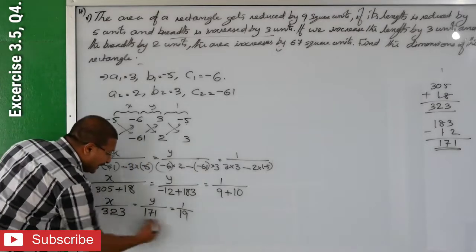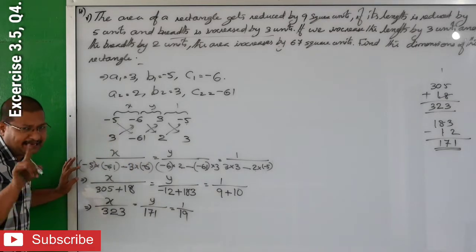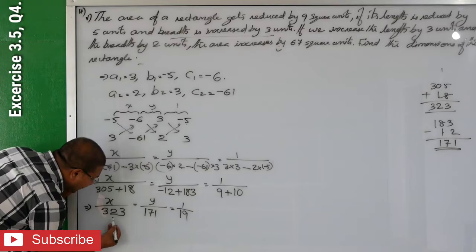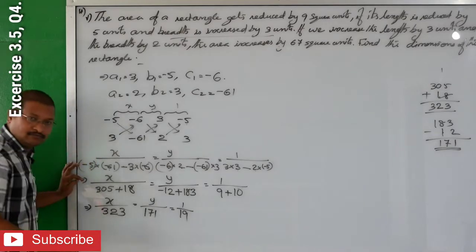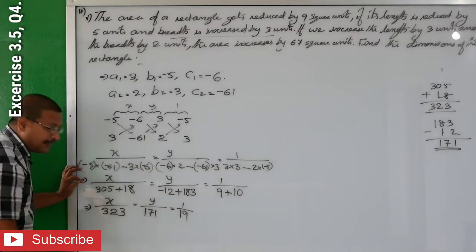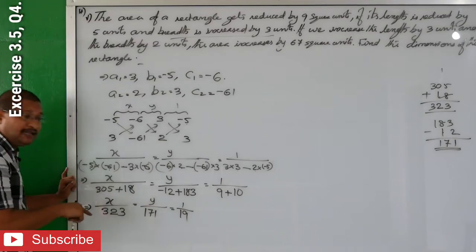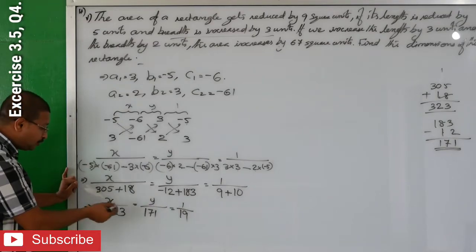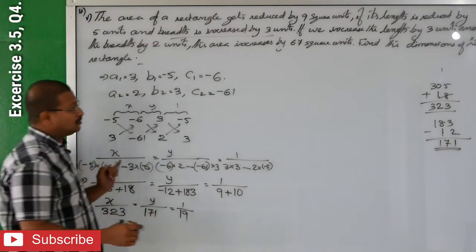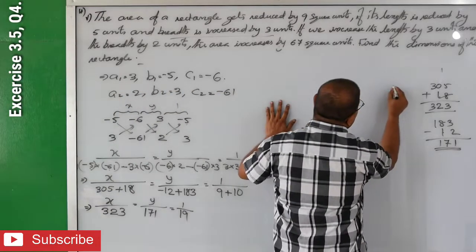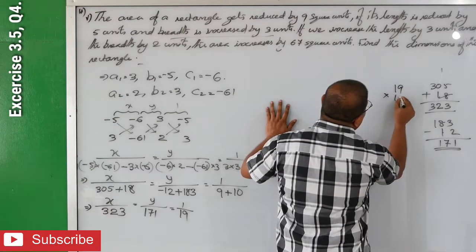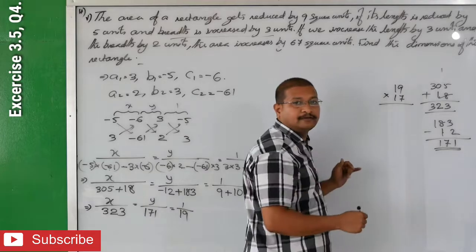Now what I am going to do is cancel the entire thing by 19. So 19 into how much will you get 323? Ready? So we will try that. Otherwise you divide 323 by 19. So I am just checking 19 into 17. What will you get?